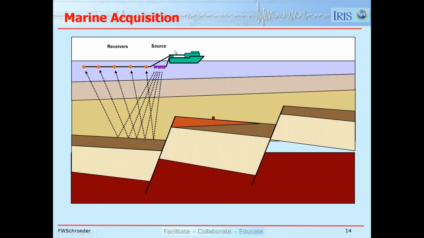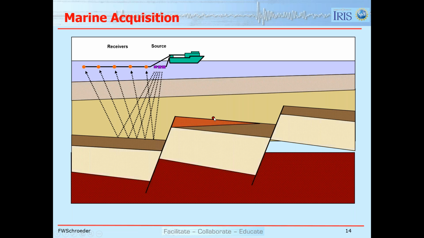So here we have a little cartoon. Here's my acquisition boat. Here's my source array, 3 purple air guns, and I have 1, 2, 3, 4, 5 receiver arrays. The energy is going to go down. We're going to be worried just about this interface between the yellow and the brown. The point of reference I'm interested in is marked with the red circle. As I click through this animation, the boat is going to go along.